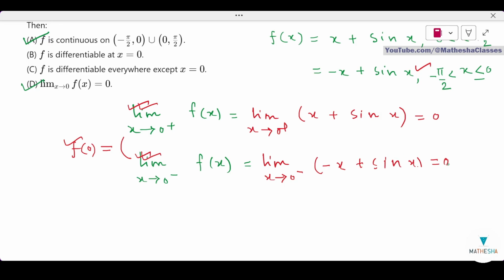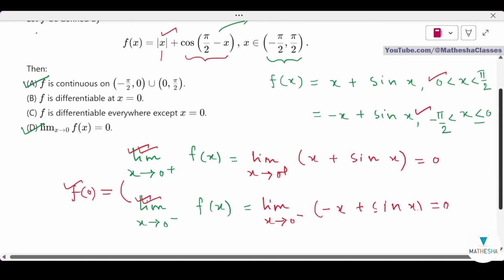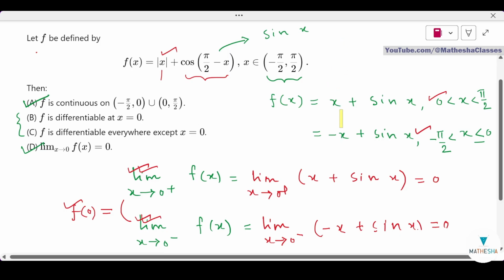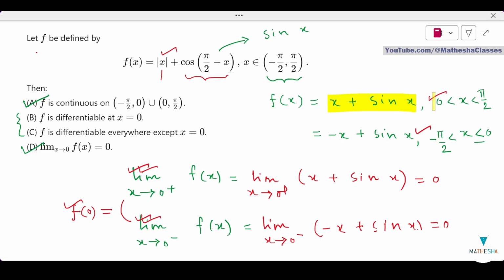Okay, let us now resolve the issues regarding B and C. For that we can see one thing, that whatever functional expression f(x) has, they are definitely differentiable. x plus sin x is a differentiable function on the open interval 0 to pi by 2, and similarly minus x plus sin x is also a differentiable expression.